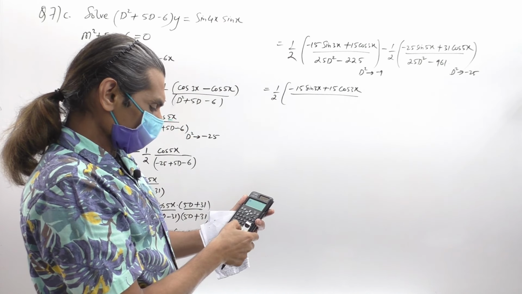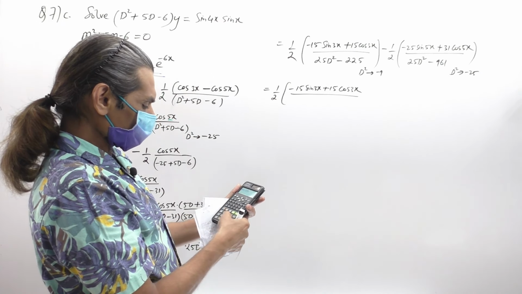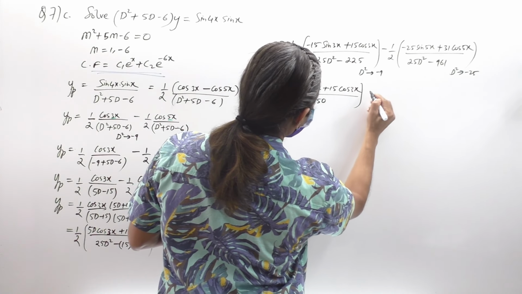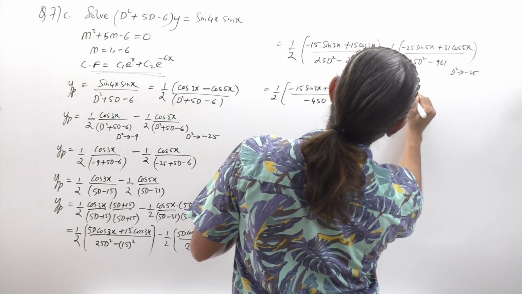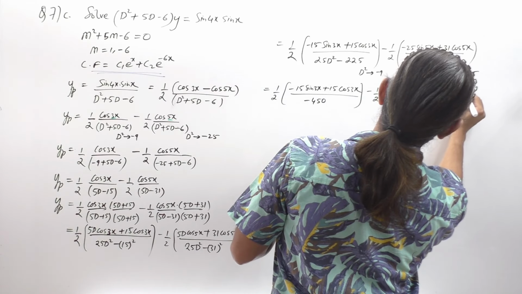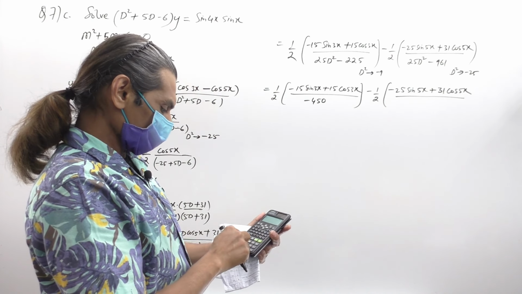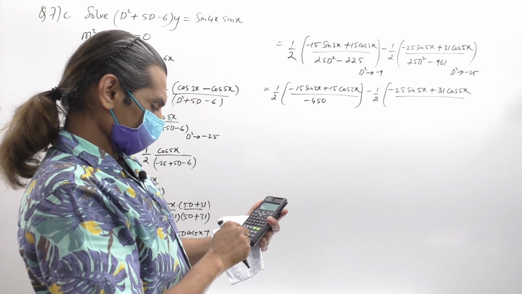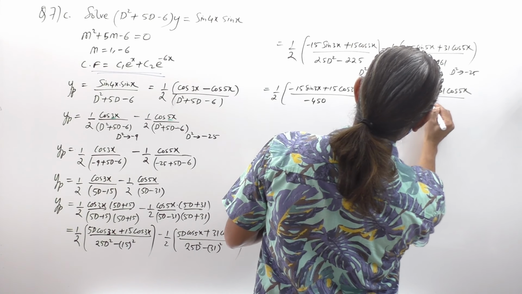Okay, 25 into minus 9 is equal to minus 225, minus 225 is equal to minus 450, minus 450. Minus 1 by 2 again minus 25 sin 5x plus 31 cos 5x whole divided by 25 into again minus 25. So 25 into minus 25 equals minus 625, minus 625 minus 961 is equal to minus 1586.